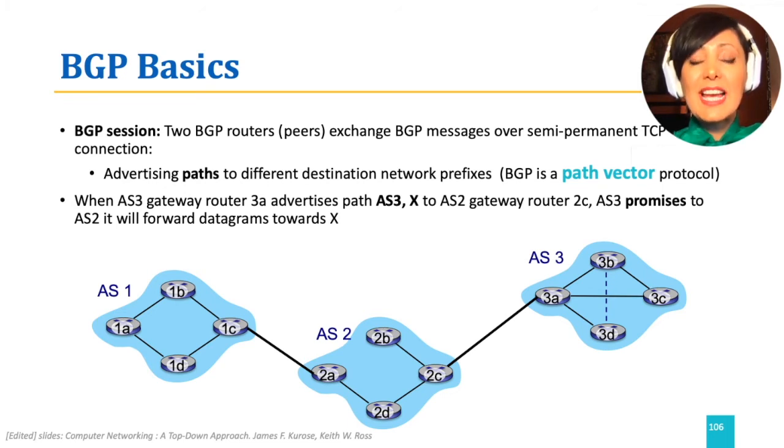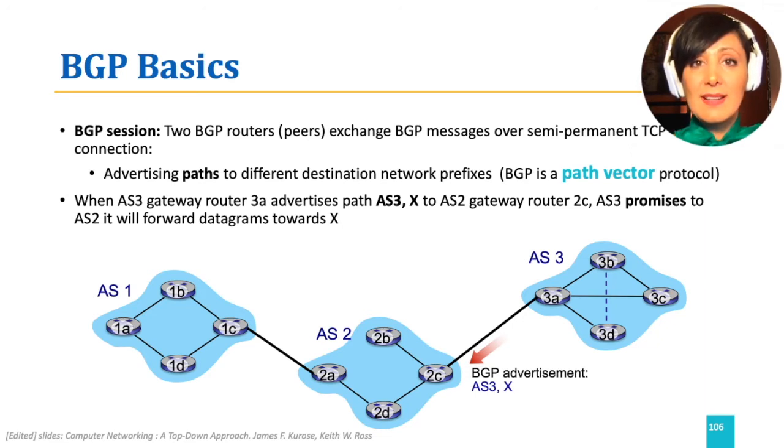eBGP peers exchange advertisement of paths to different destination networks. BGP is a path vector protocol, as it works with building vectors or lists of ASs that need to be crossed in order to reach a certain destination in the network. For example, in this figure, AS3 gateway router 3a advertises path AS3 X to AS2 gateway router 2c.